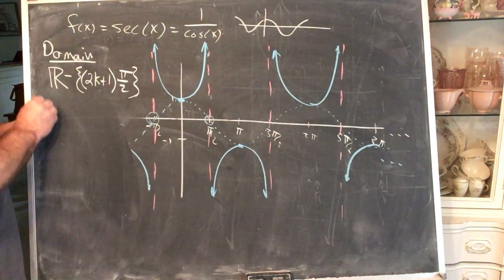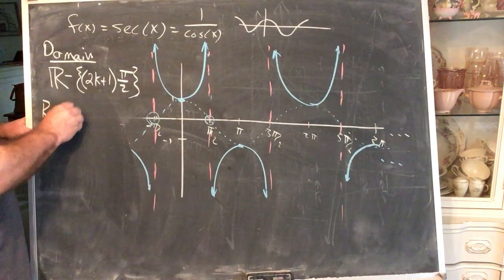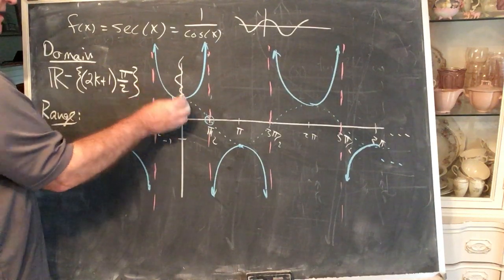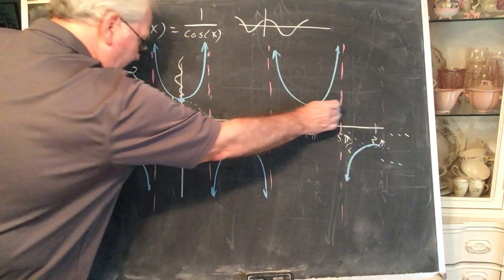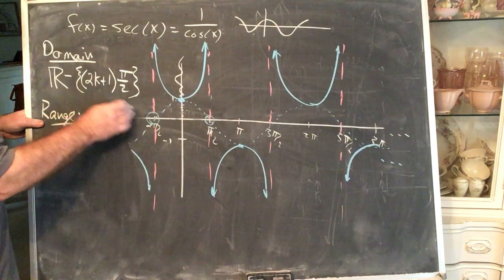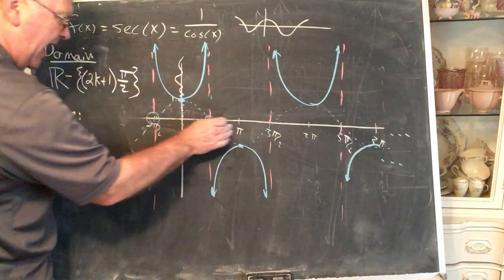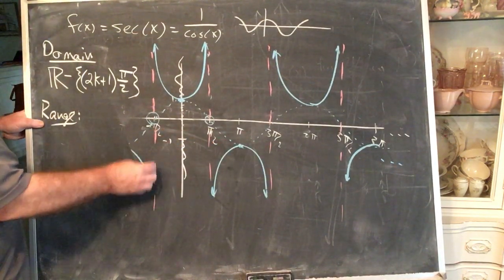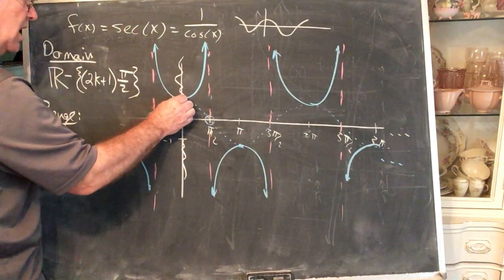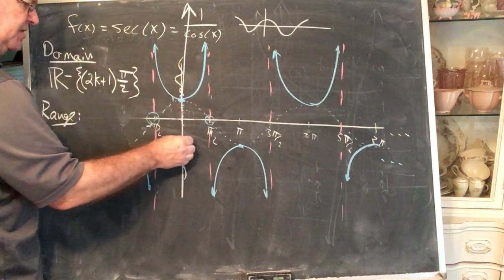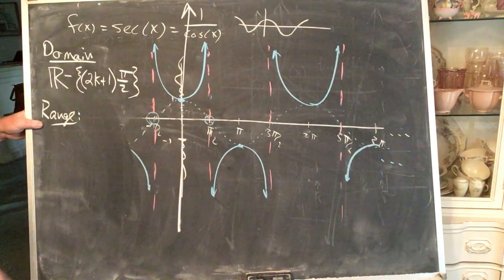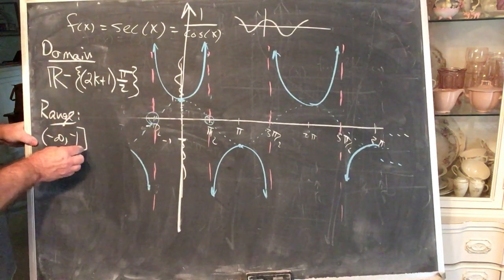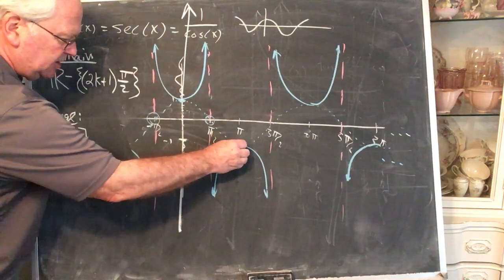There's the domain. Now the range is a little bit dicey because we are using this part of the y-axis, but notice we are not using it. There's no graph in this part of the y-axis. Neither is there a graph in this part of the y-axis. But we are using this part of the y-axis down below. So the range consists of all the values from 1 up to positive infinity, and also the values from -1 down to -infinity. And so we may write that as -infinity to -1, close bracket, because you actually do achieve that point.